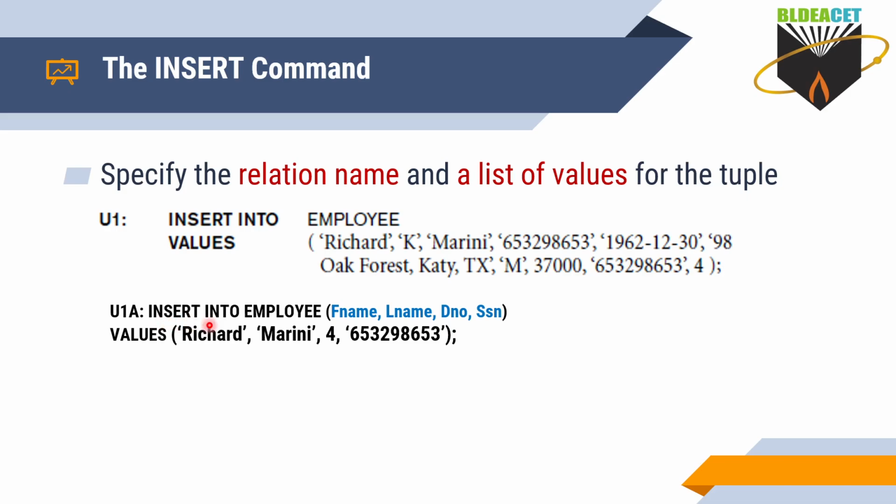What is that? Insert into table name employee, and then the attribute names for which you want to insert values you have to specify first, if you don't want to insert in sequence: Fname, Lname, DNO, SSN. Next, the values: first is the Fname, second is the Lname, and third is the DNO and SSN.